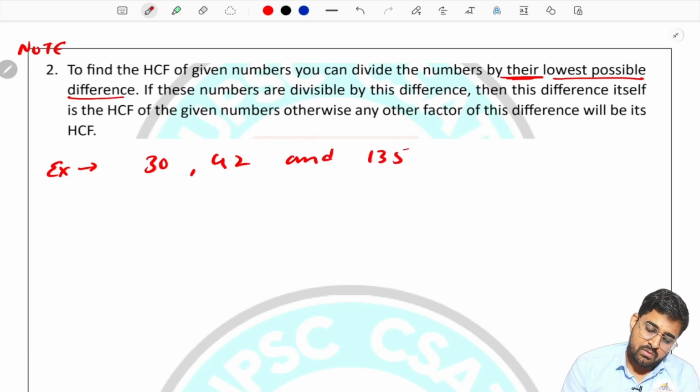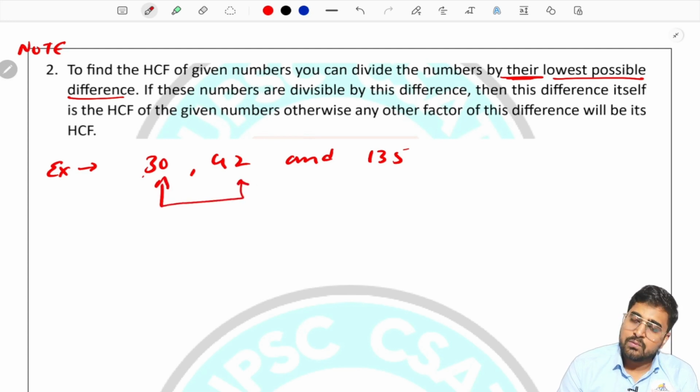Now what the first line of the note says, to find the HCF of given numbers, you can divide the numbers by their lowest possible differences. First of all, which of the following will have the lowest possible difference? Obviously 30 and 42.